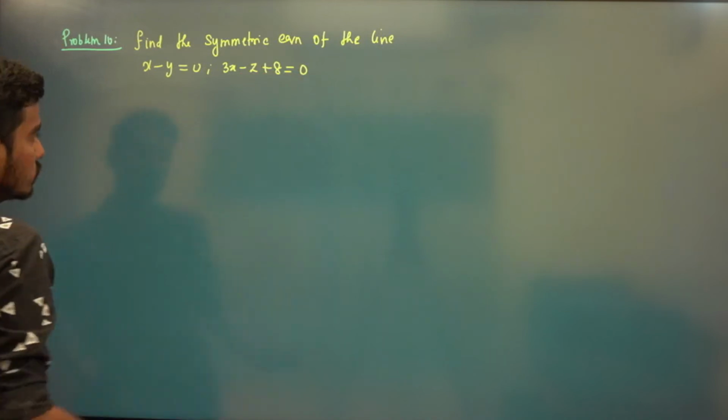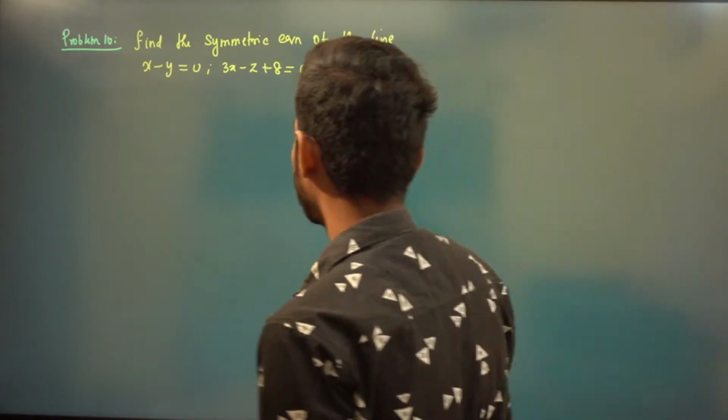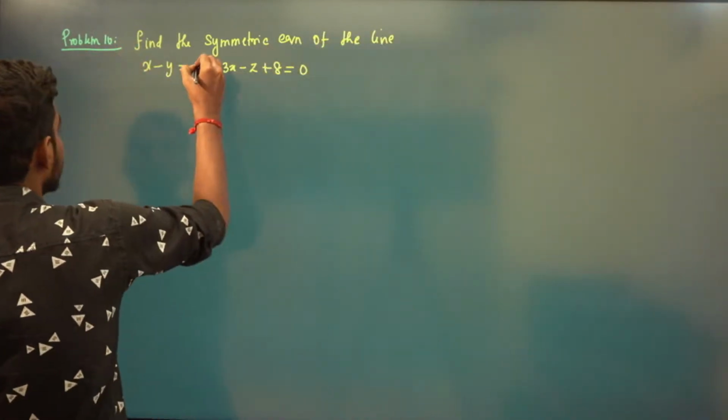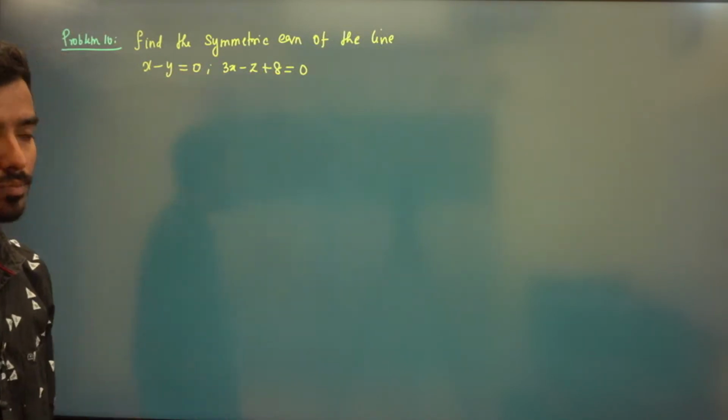So they have given you the equation of two planes, right? That is nothing but the general form of equation of a line. So you need to convert this to symmetrical form.